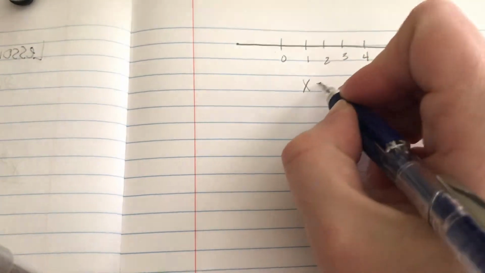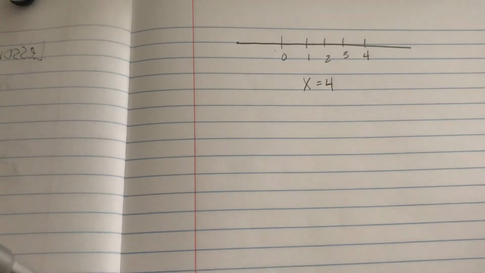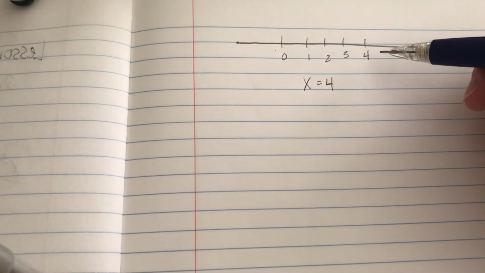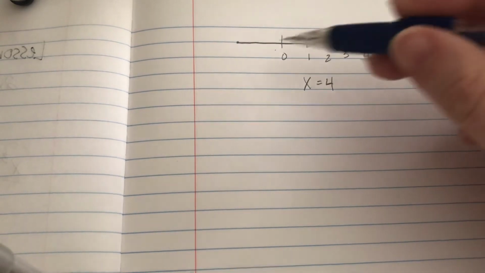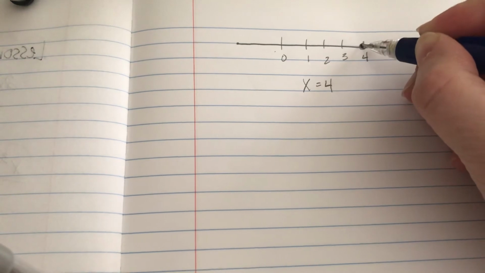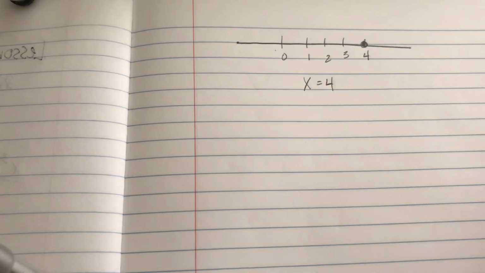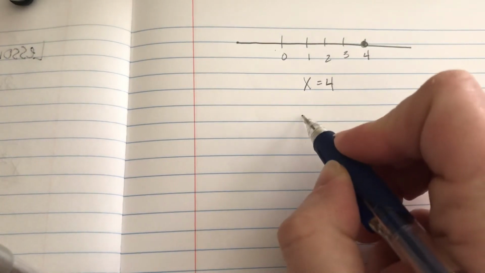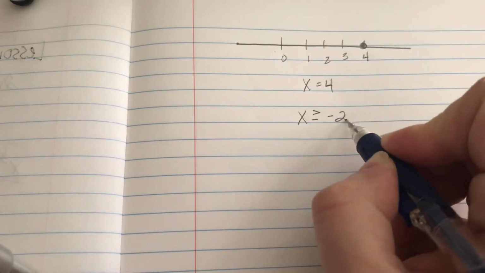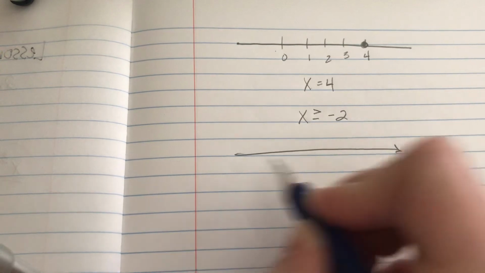If I'm going to graph x equals 4, I can find it on a regular number line and mark x equals 4. Or if I'm doing an inequality, like x is greater than or equal to -2, I'll make a new number line.